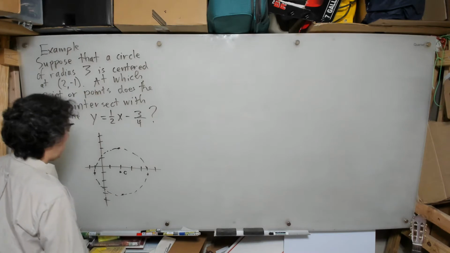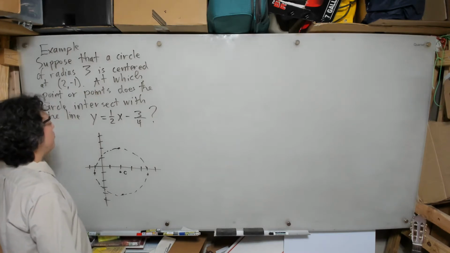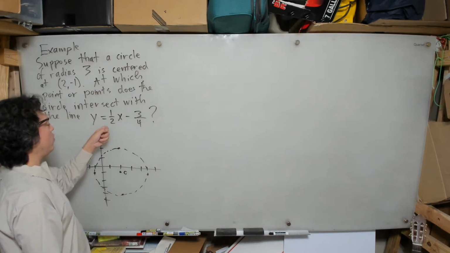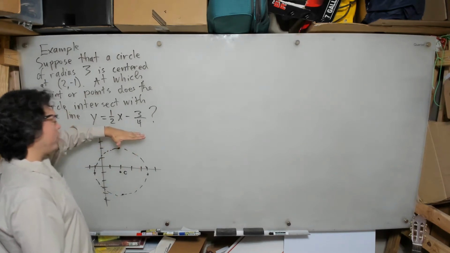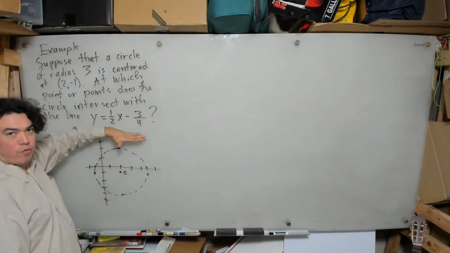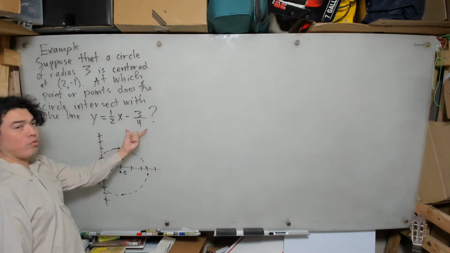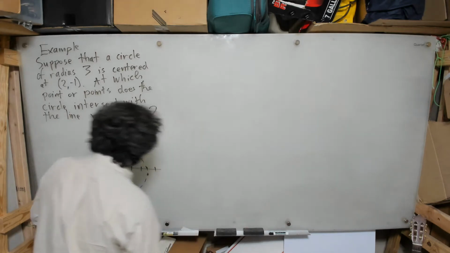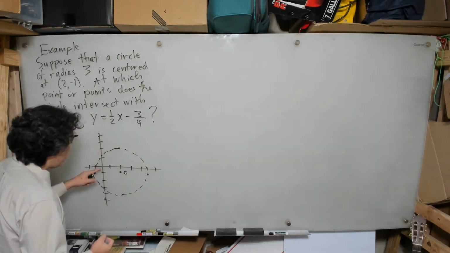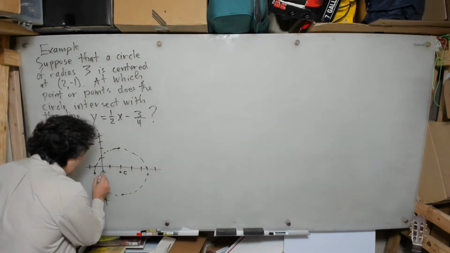Okay, that's my circle. Then they're telling me the line y equals 1/2 x minus 3/4. This line, I want to recall to you, is in slope-intercept form, where the -3/4 will be my y-intercept, right? So let me put that in here in blue so we can distinguish it. -3/4 is not quite -1, so it's about right here, okay?